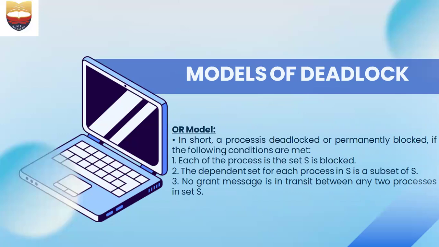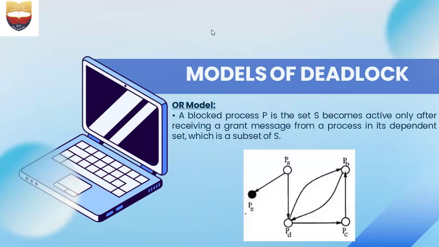The dependent set for each process in S is a subset of S. No grant message is in transit between any two processes in set S. A blocked process P in the set S becomes active only after receiving a grant message from a process in its dependent set, which is a subset of S.